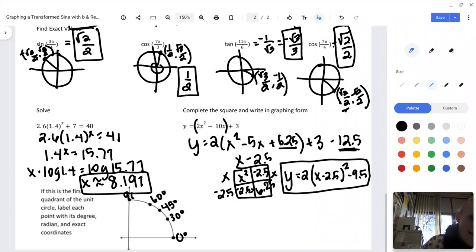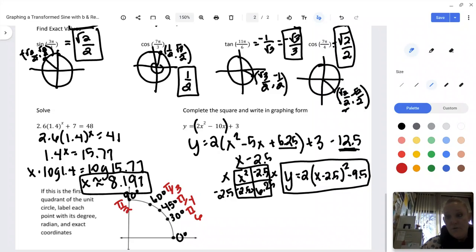This would be 90 degrees. Radians. Well, 0 is just 0. 30 is pi over 6. 45 is pi over 4. 60 is pi over 3. 90 is pi over 2.